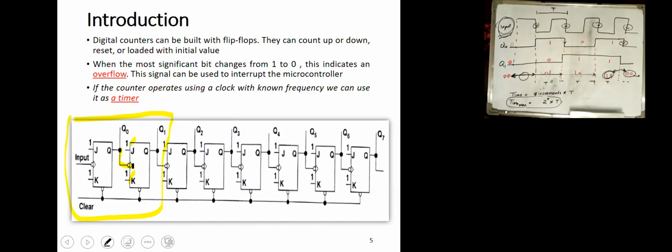So this is basically how we construct a timer. We need a counter, and we drive the counter by a periodic square wave with known frequency. So now we can measure time.